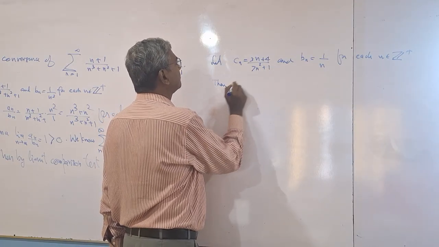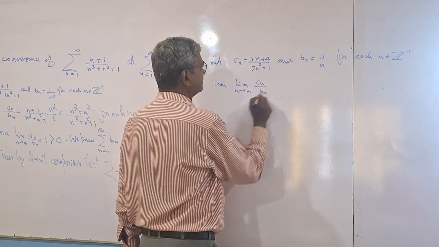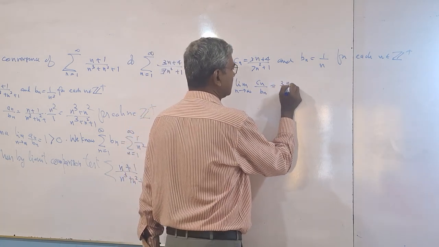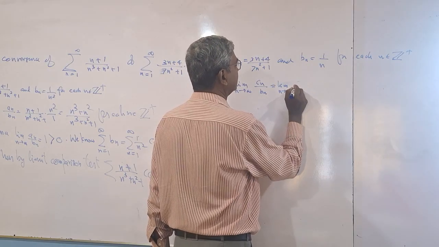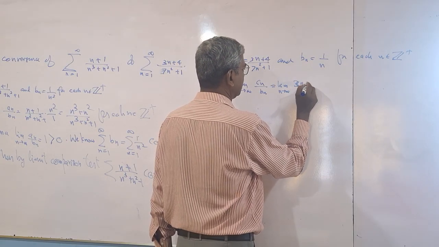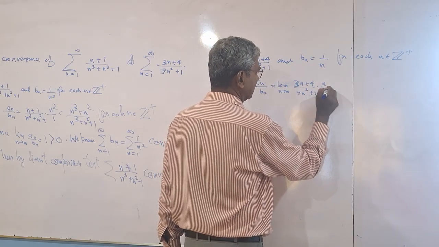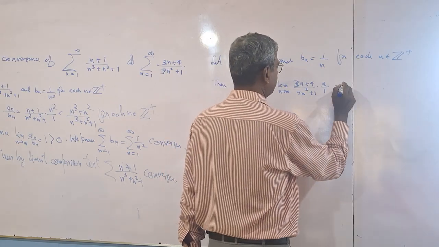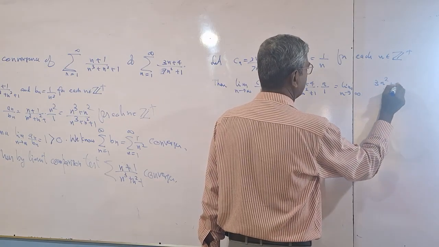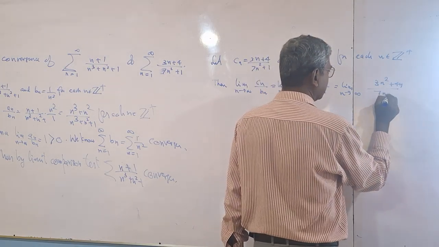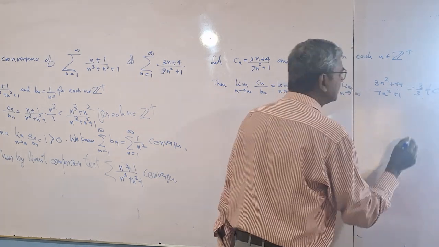Then limit n tends to infinity of cn by bn is the limit of 3n plus 4 divided by 7n square plus 1 times n over 1, which is the limit of 3n square plus 4n divided by 7n square plus 1, which is 3 over 7 and not equal to 0. Good.